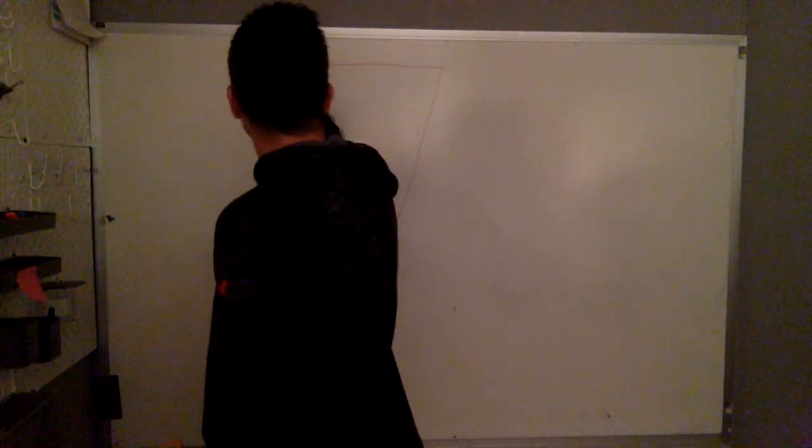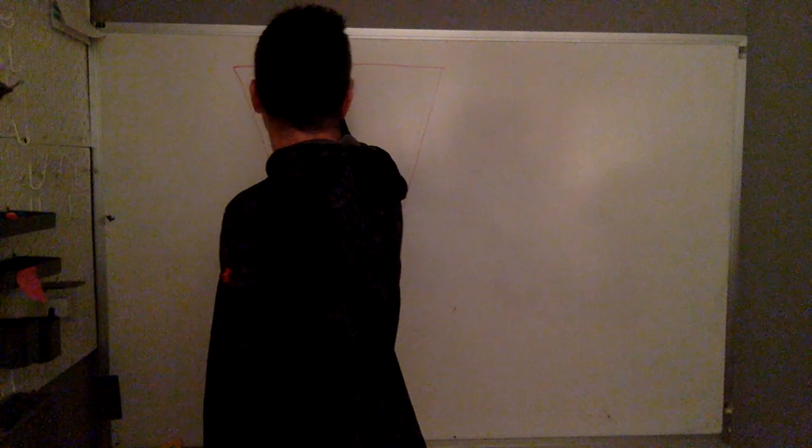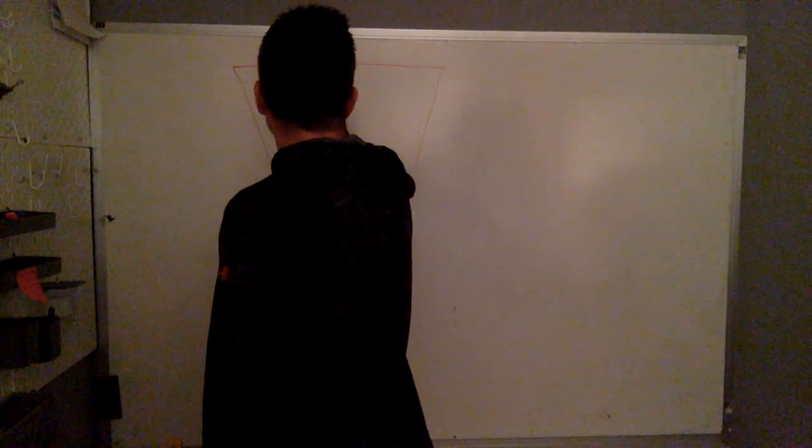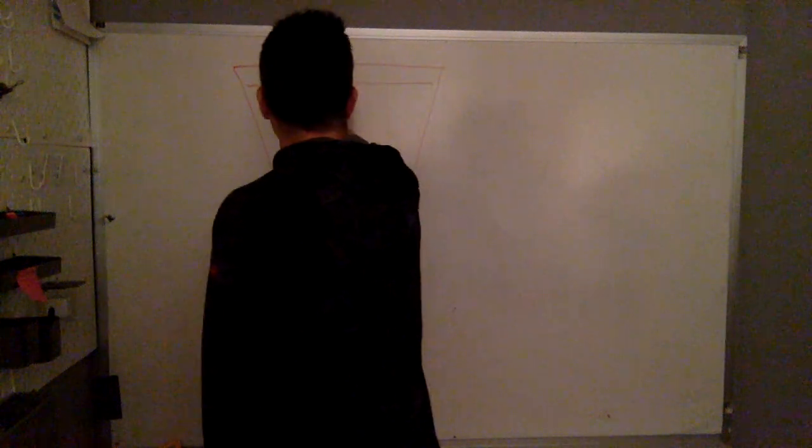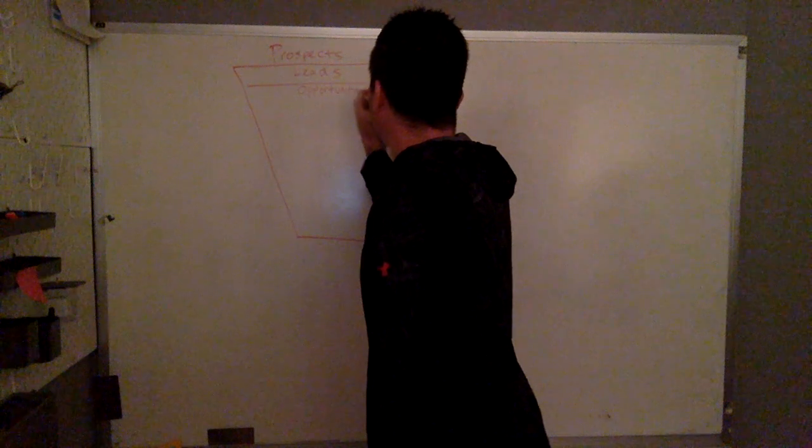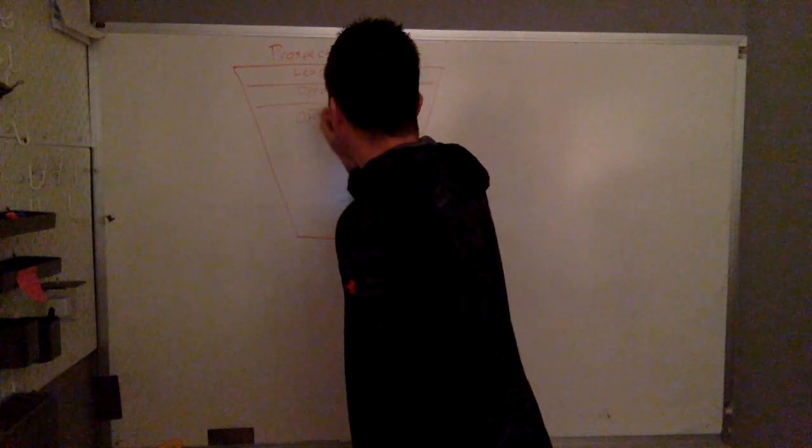So on the sales funnel map at the very top, here's prospects. Then comes leads. Then comes opportunities. Here comes offer made.